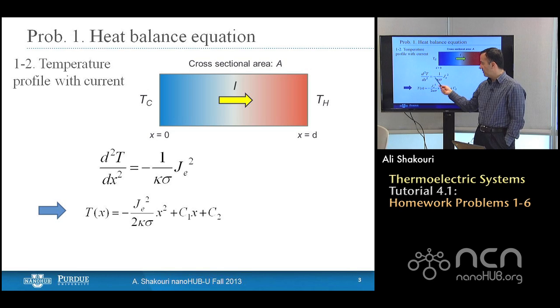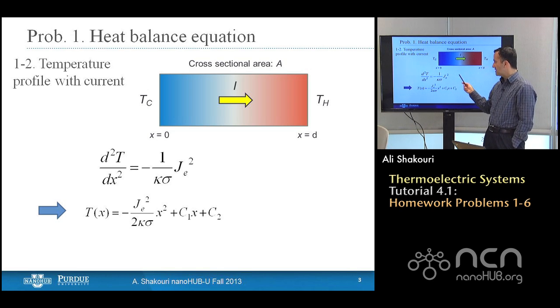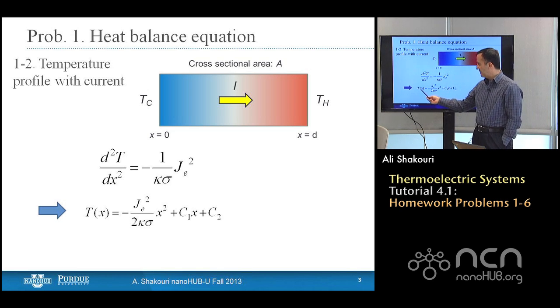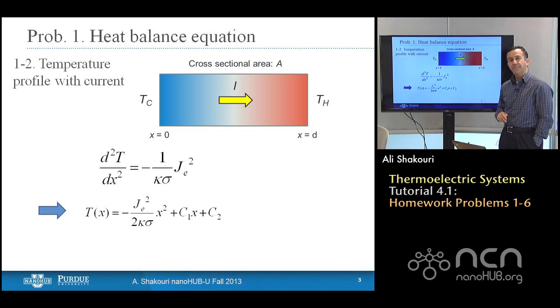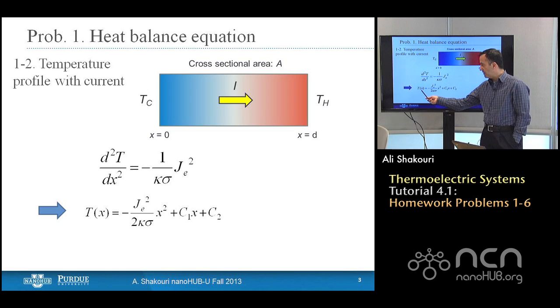The first order derivative is this constant times distance plus another constant, and then when you take another integral, you get the x squared, 1/2 of x squared, with the same coefficient as here. Then the constant which comes from the first derivative now has an x, and then there is a second constant. So this is the general form of temperature as a function of x: a parabolic equation.